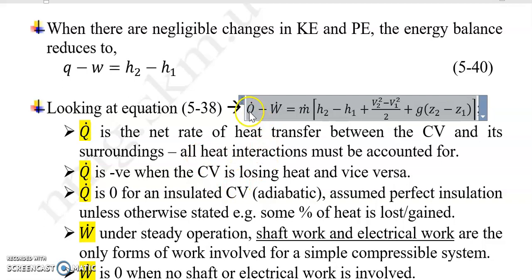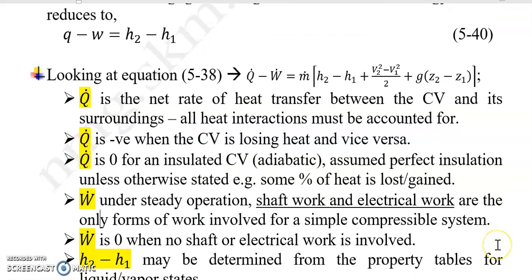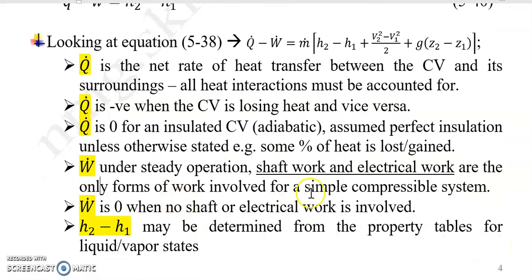Right now we are considering it positive. Q is 0 for an insulated, adiabatic system. We assume it's perfectly insulated unless otherwise stated, like for instance, some percentage of the heat is lost or gained. Now the W, the work, under steady operation: shaft work and electrical work are the only forms of work involved for a simple compressible system. It is 0 when no shaft or electrical work is involved.